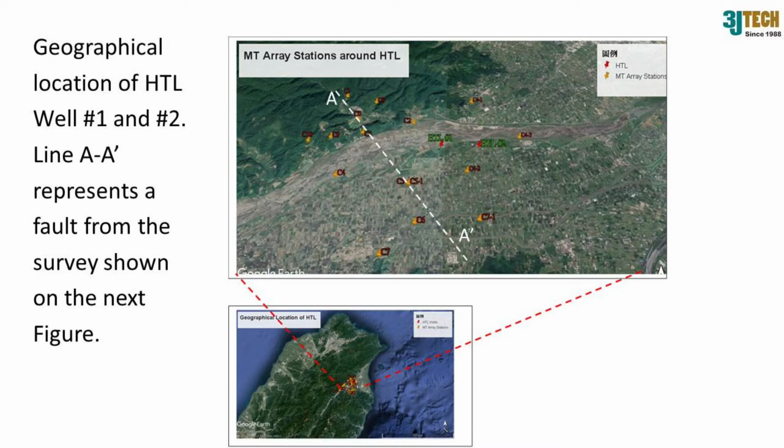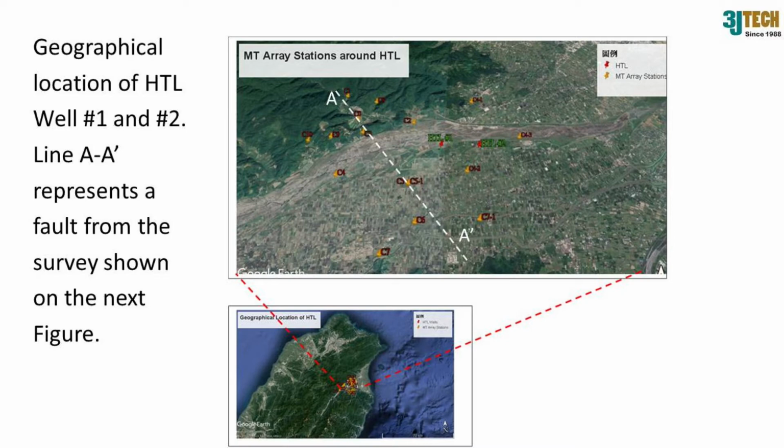Well HTL No. 2 reached to a total depth of 2,800 meters with a maximum measured temperature of 120 degrees at the bottom of the well. HTL2 is quite fractured. It meets an obvious fracture zone between 1,800 meters and 2,300 meters.